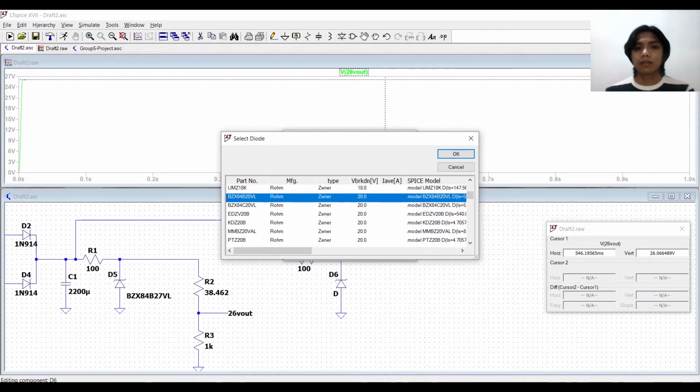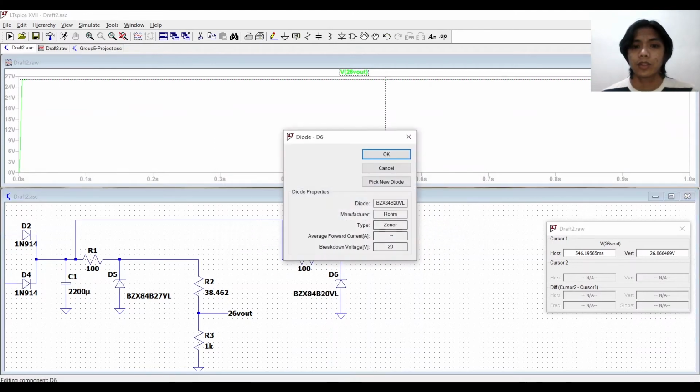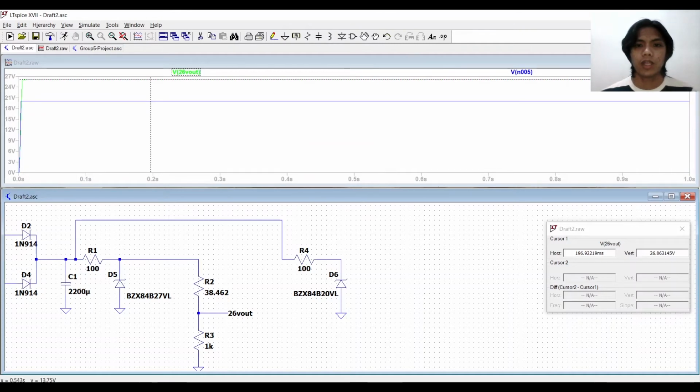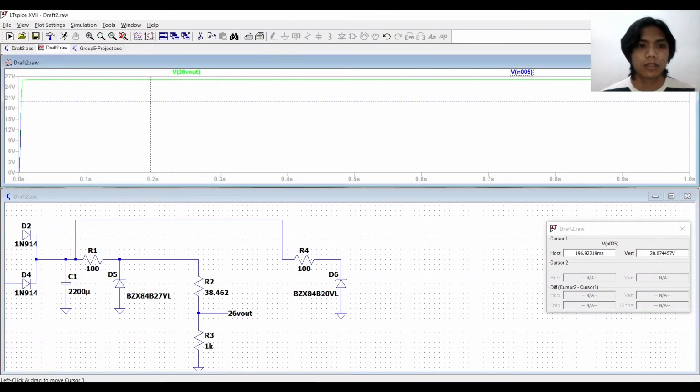So again, the manufacturer is ROM and the diode type is a Zener type, so this one is rated at 20 volts. So by running it again and simulating it, we would get a 20 volt linear output.